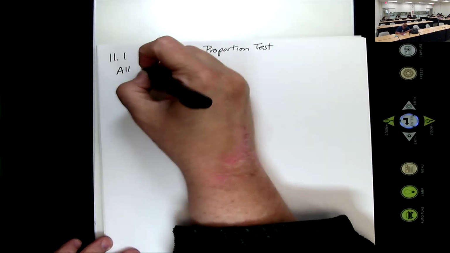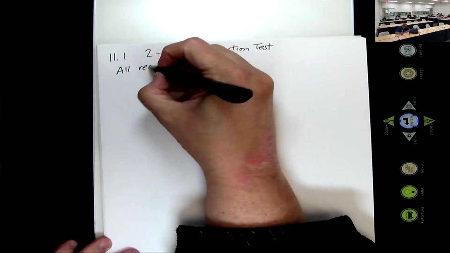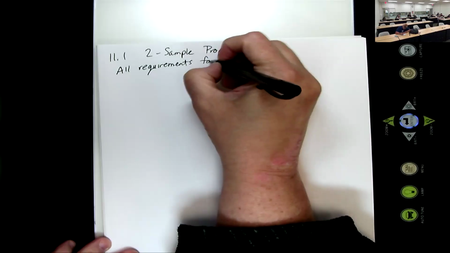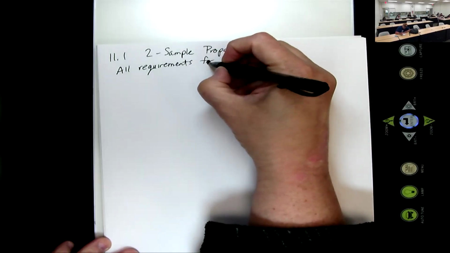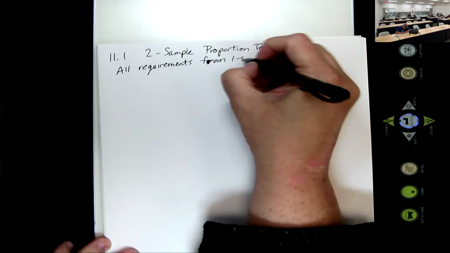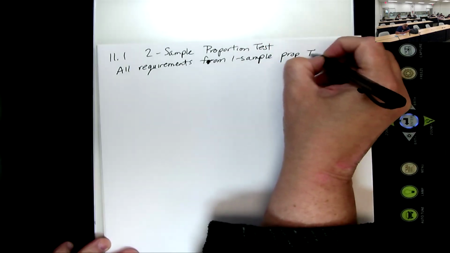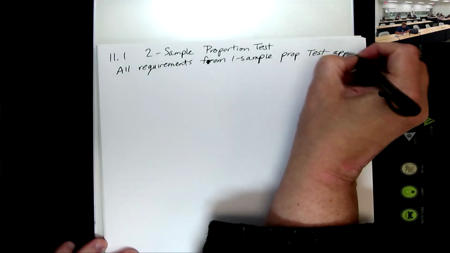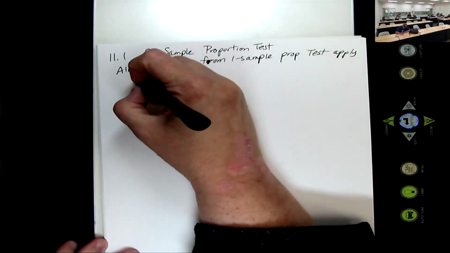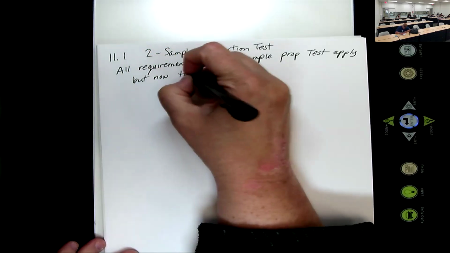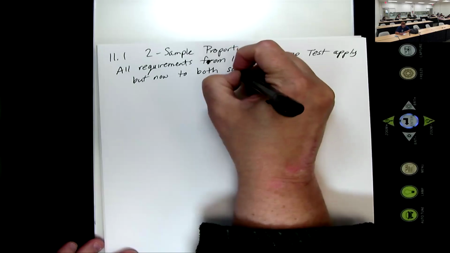All the requirements from the one sample proportion test apply, but now to both groups, or both samples.